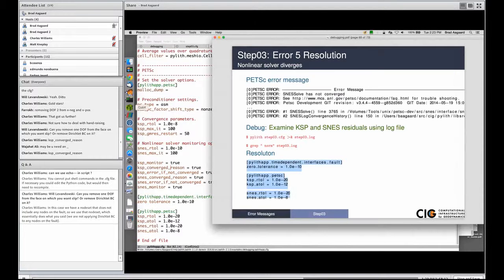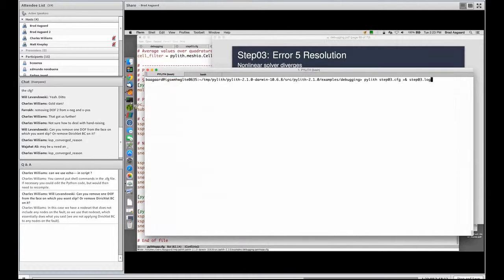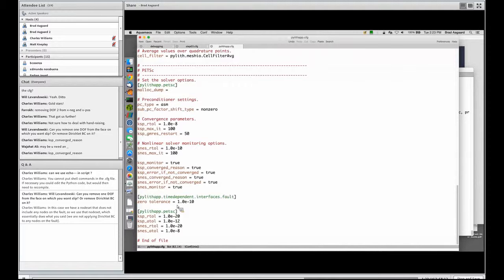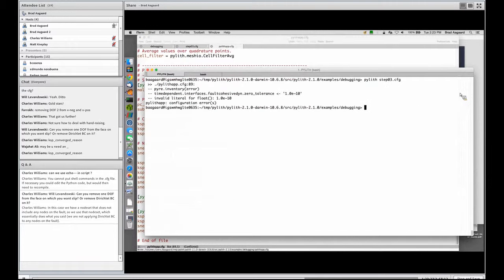So let's get back to running. Let's run again. We'll run it without the log file and see what happens. What did I do? Missing an underscore in tolerance.